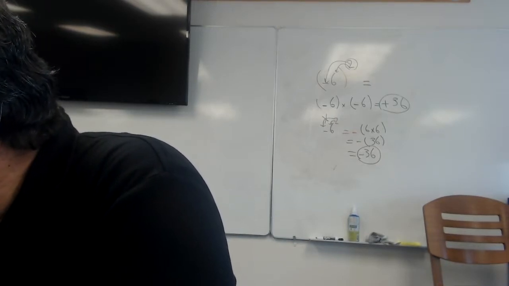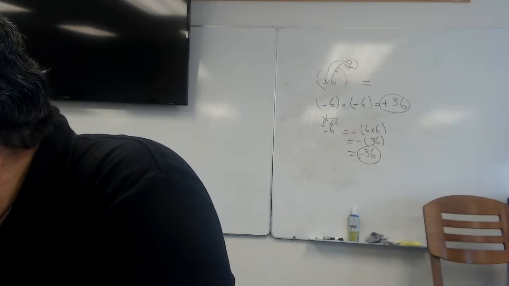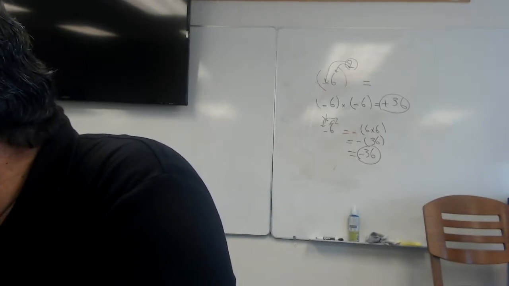Then you have 36 minus 24 divided by 4. We do the division, it is 6. 6 times 3 plus 1. Actually, let me write it for you on the board.